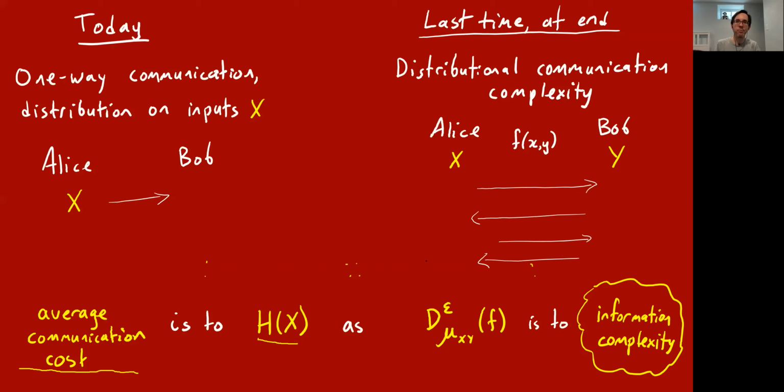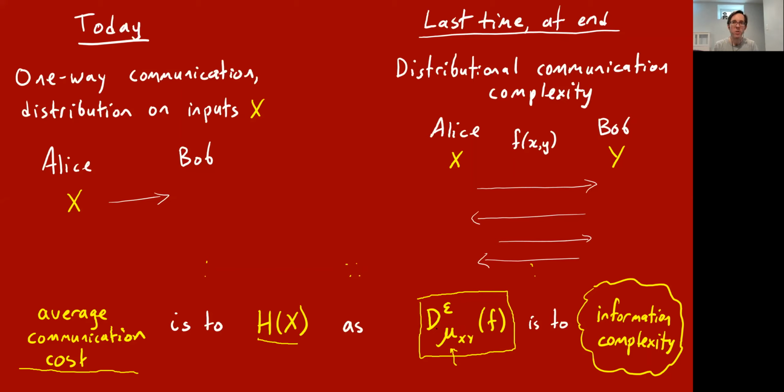And so now you can ask for a similar story where, instead of just one-way communication and one input, you have two-way back and forth communication. There's the optimal cost for computing a function f, under the assumption that the inputs come from the distribution mu, and making error epsilon.